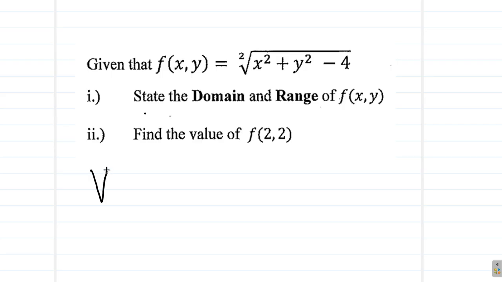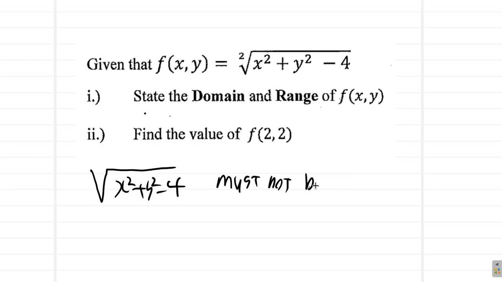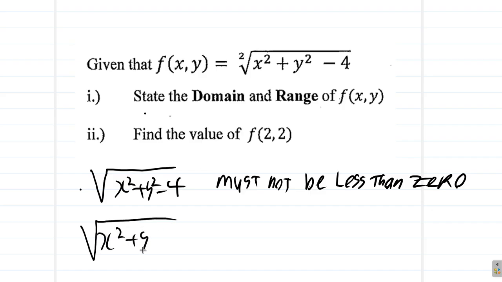That means that the square root of x squared plus y squared minus 4 must not be less than 0. So therefore, the square root of x squared plus y squared minus 4 is greater than or equal to 0.